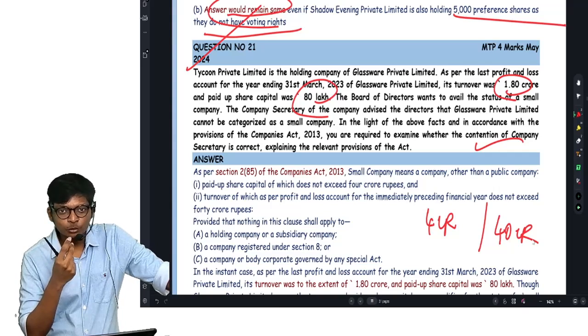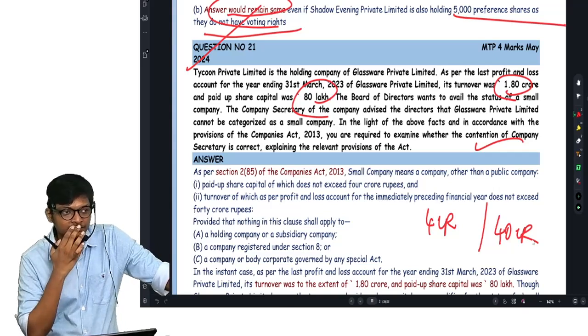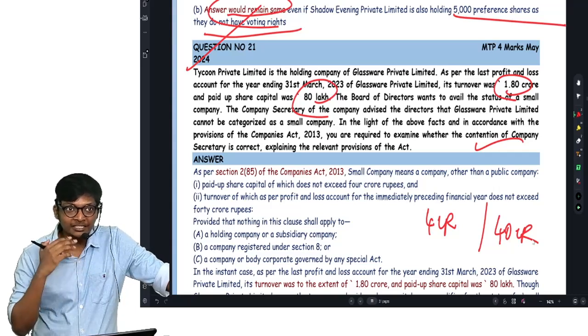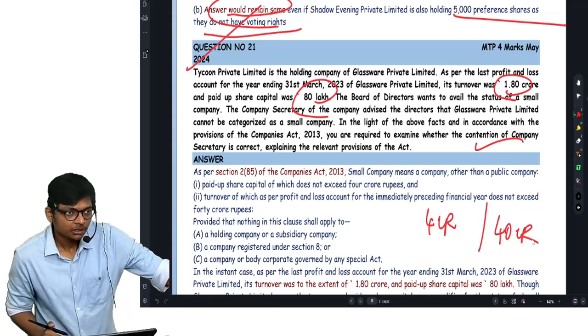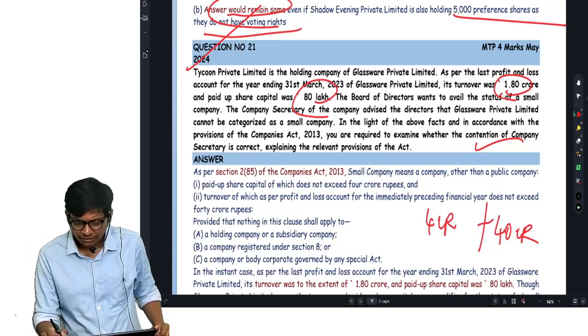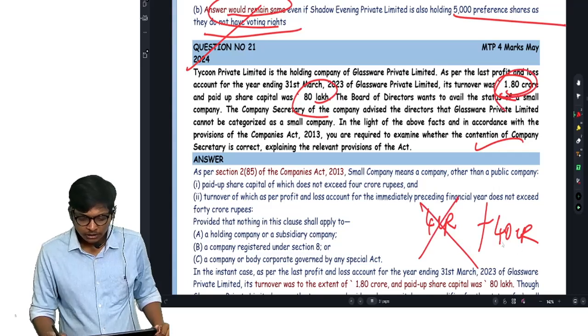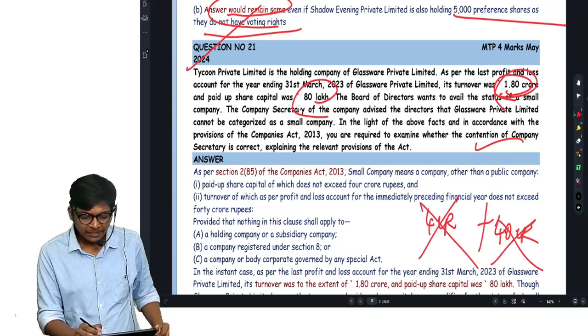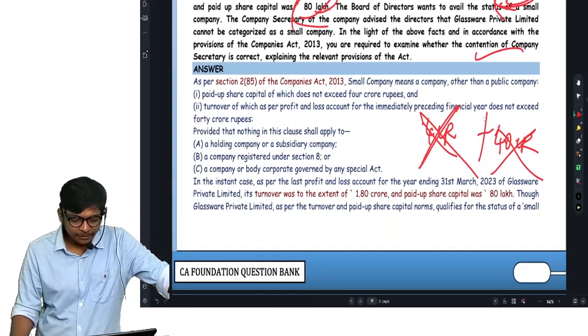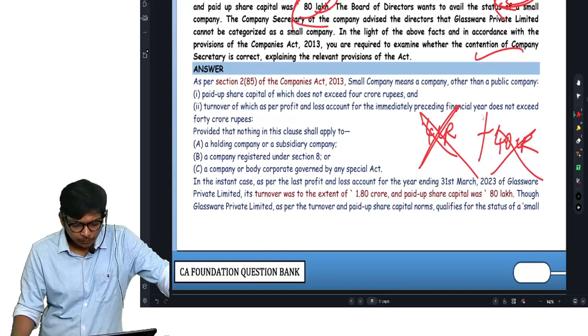In these two, one will come in the exam. Read this because in CA Inter you will have some 30 limits to remember like this. Get used to it. Logic is 'and', I told you why. Here are they crossing 40 crores in terms of turnover? No. Paid up share capital crossing 4 crores? No. Therefore, this company can be a small company.